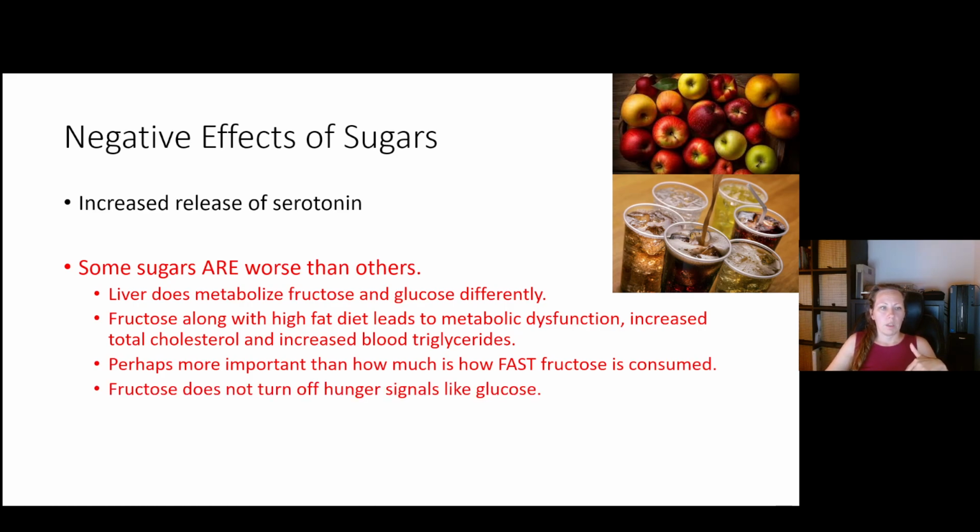The liver does process fructose differently. It has to turn it into glucose first, right? And there are certain enzymes that do that. Also, some of it we don't know, like why fructose causes some of the metabolic issues.